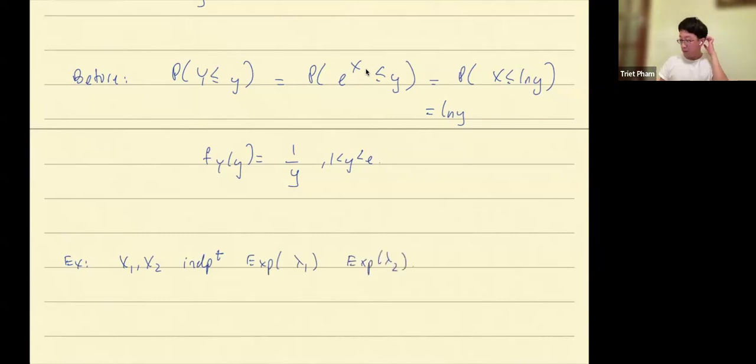Which means the joint density is lambda 1 e to minus lambda 1 x1, times lambda 2 e to minus lambda 2 x2, right?